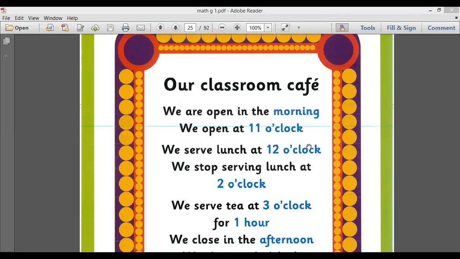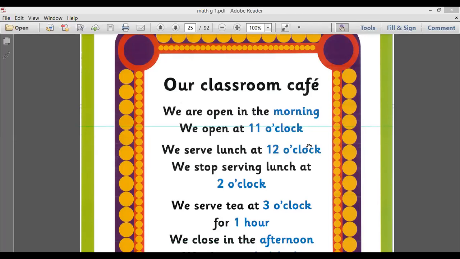After preparation, we serve lunch at 12 o'clock. So first we do breakfast. After that, in our classroom cafe, we serve lunch from 12 o'clock.